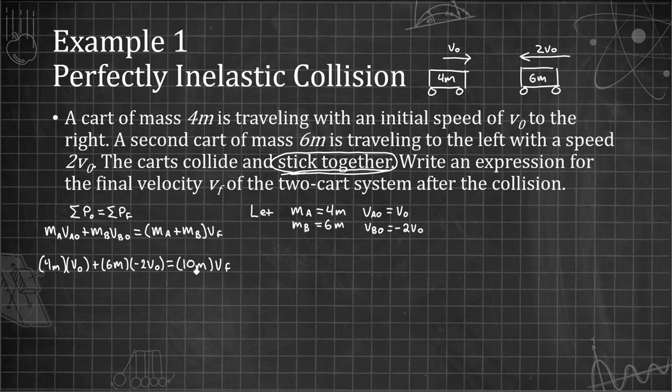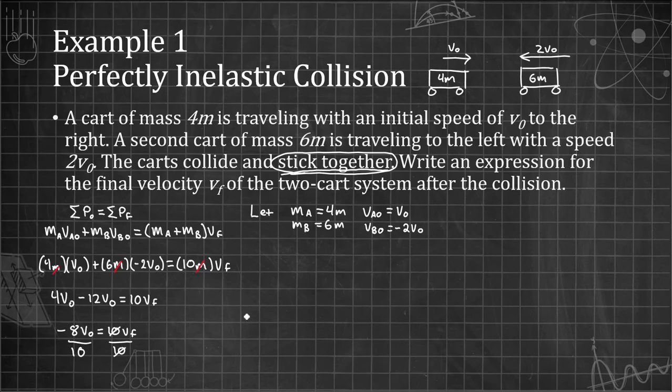We have an m in every single term, so we get to cancel those out. All that's left on the left-hand side is something multiplied by v initial, and on the right-hand side, something multiplied by v final, which is what we're looking for.